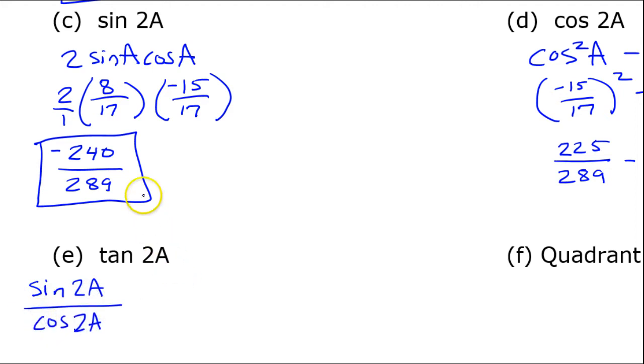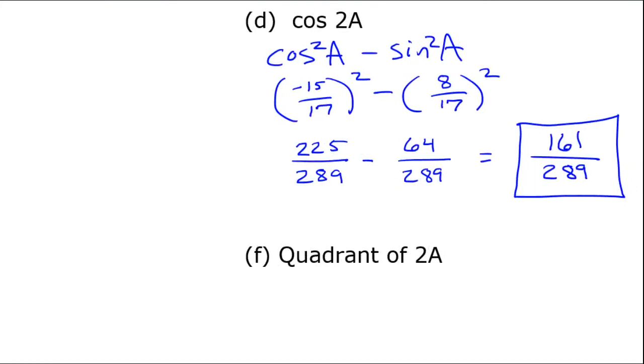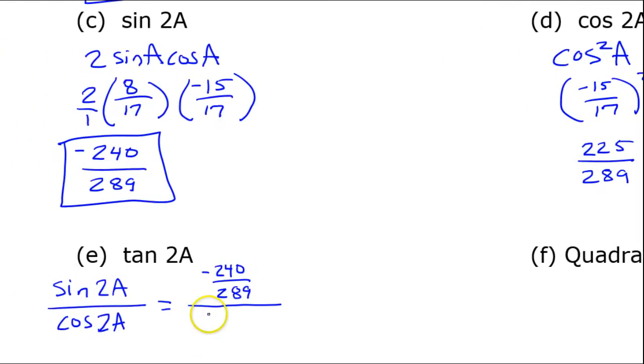And since I just calculated both of those values, it would be silly not to use the facts that I just gathered. So sine of 2A is negative 240 over 289, and the cosine of 2A was 161 over 289.